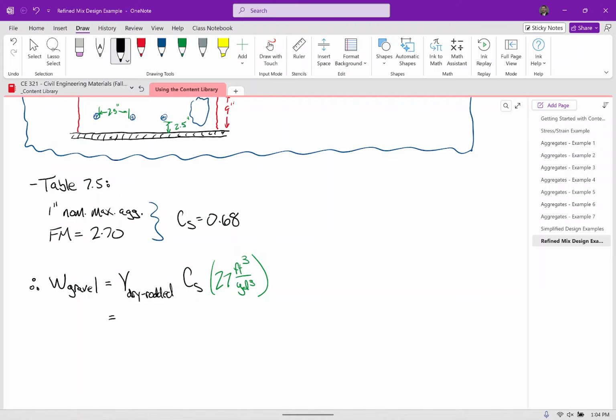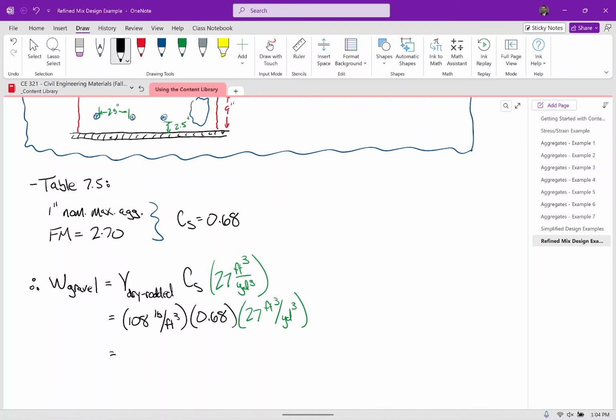So what was the unit weight for this problem? 108? So if this was 1, then all of the concrete would be coarse aggregate. Obviously it's not because we've got gravel, sand, cement, and water, but that's kind of the idea.